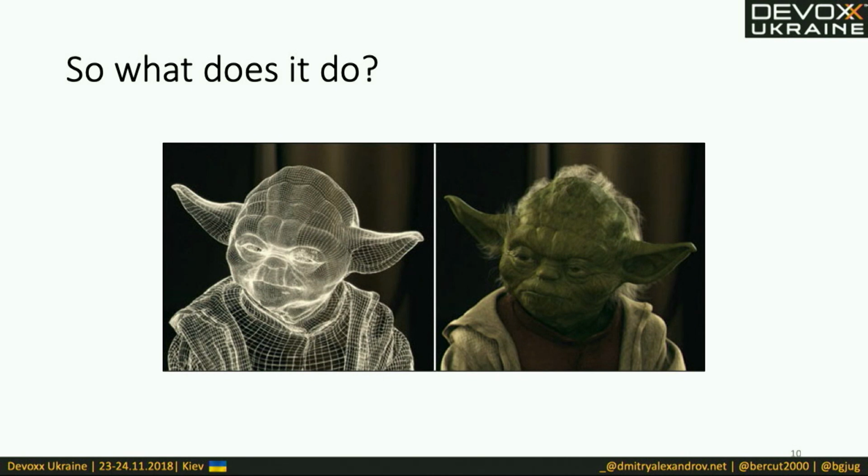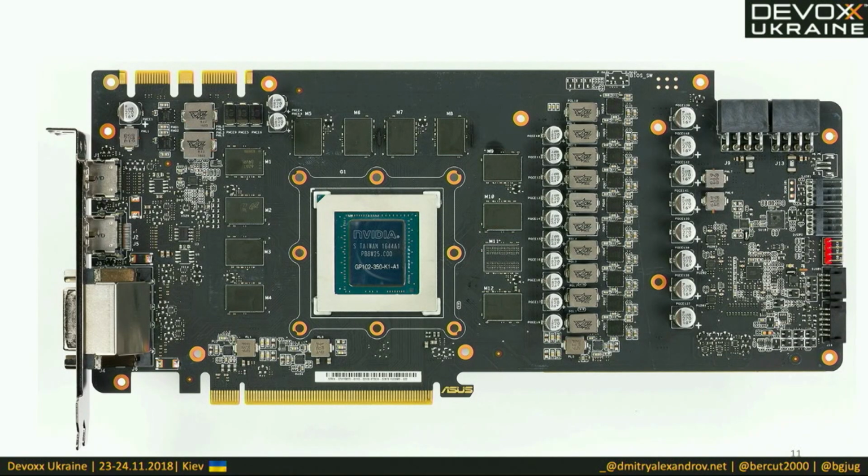I'll send you the frame, just render it, make a beautiful image, and don't keep bothering me. And the video card does this for you. Currently, the video card may be one of the most expensive parts of your system, even more expensive than a processor.